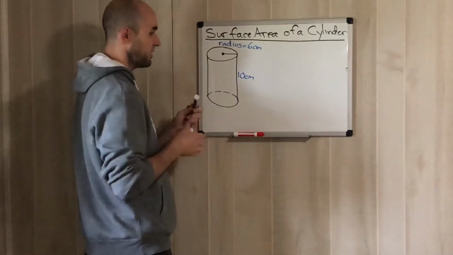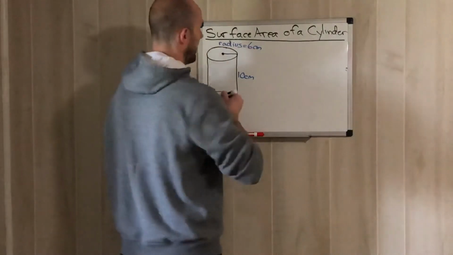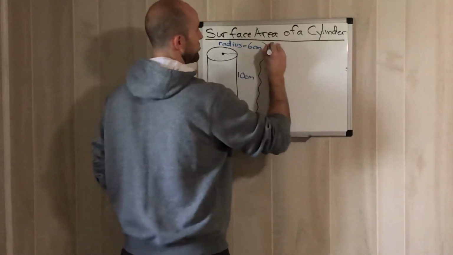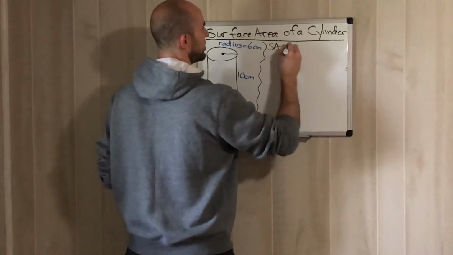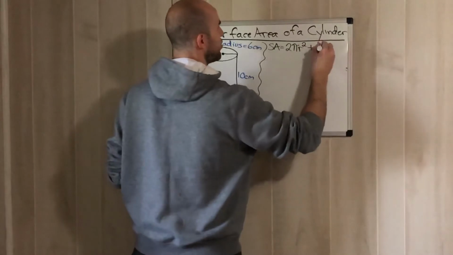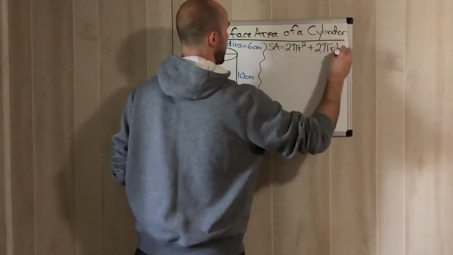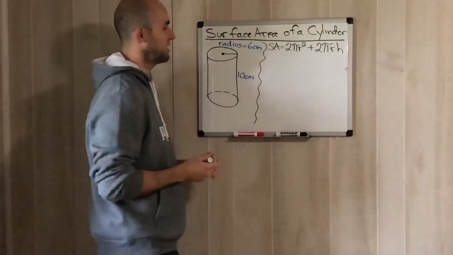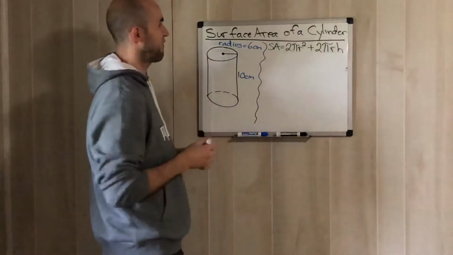So what we're gonna do is, again, use the formula that we have. We know that the formula is 2 pi r squared plus 2 pi r h. And now with that formula, all we're gonna start doing is substituting.